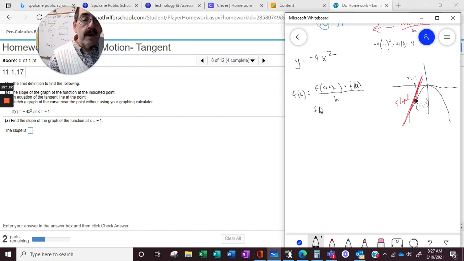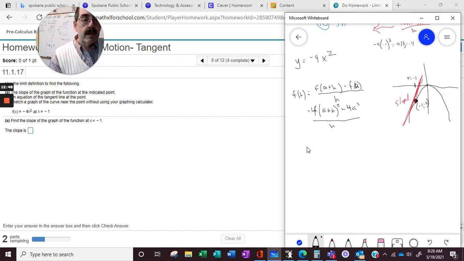We're going to put a plus h in there. So we get negative 4 times a plus h squared, minus f of a, which is negative 4a squared, all over h.